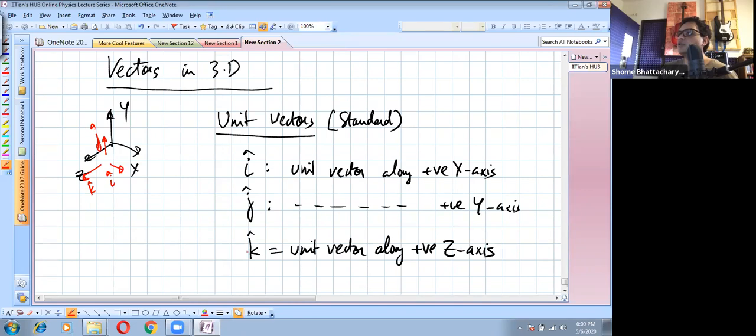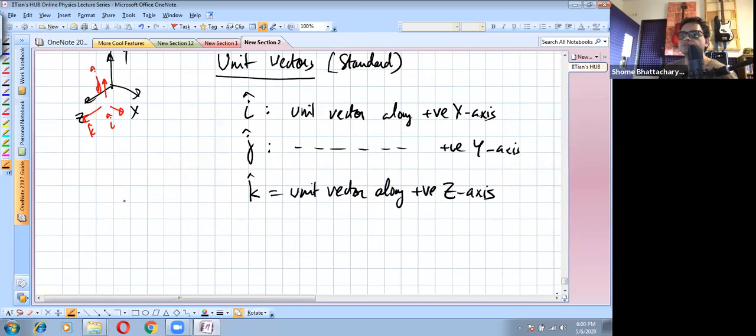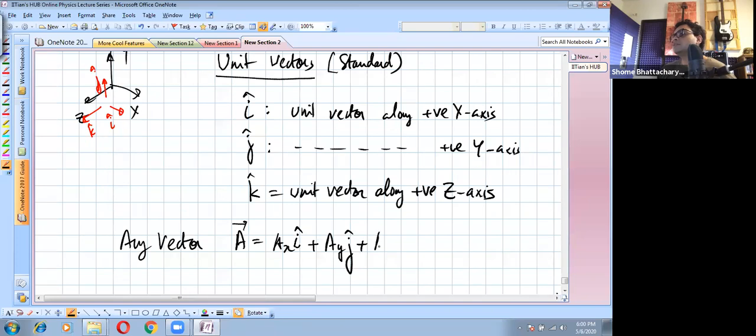So once you've done this, you've written your unit vectors in 3 dimensions, I cap, J cap, and K cap. Now, any vector will be expressed now as an X component into I cap plus a Y component into J cap plus a Z component into K cap.